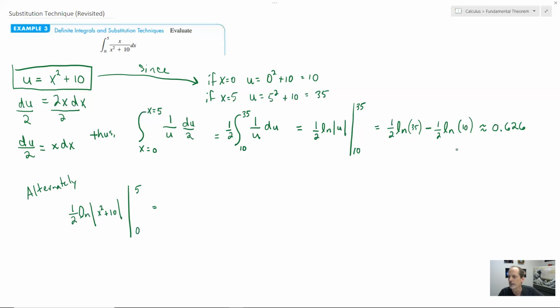And then you'll notice that you'll get the identical thing that you got here, because now instead of doing it here, we're doing it here. So that would also be 1/2 ln of 35, 5 squared plus 10, minus 1/2 ln of 0 squared plus 10, absolute value. Okay, so your choice.